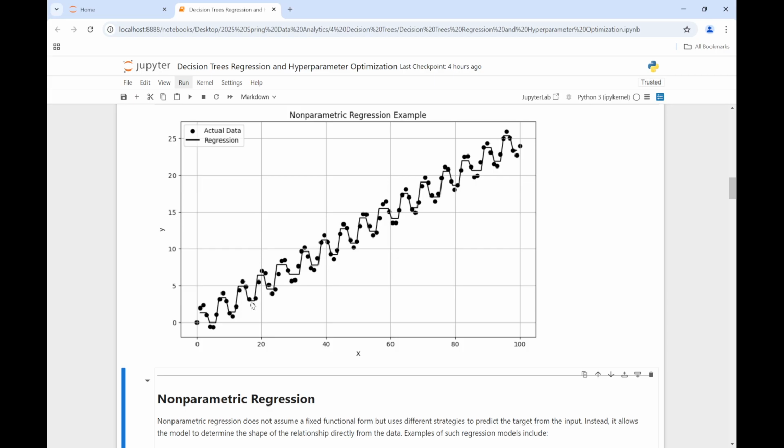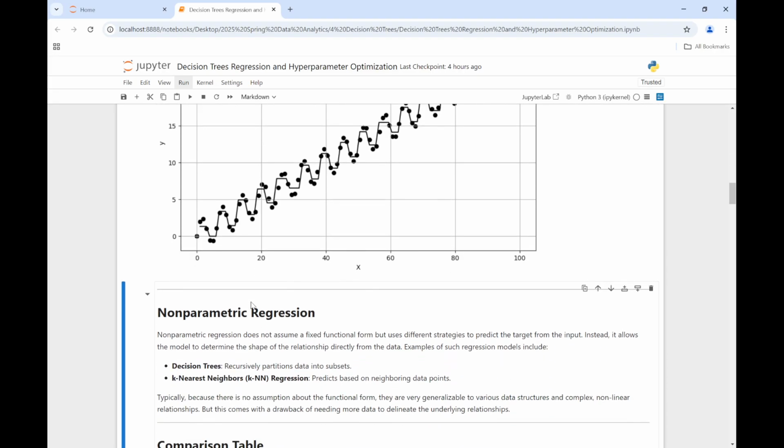Data that looks like this often cannot be fit with a parametric regression model, necessitating the use of non-parametric regression models. So decision trees are one such example. K-nearest neighbors are another example of non-parametric regression models, which we'll be taking a look at much later.